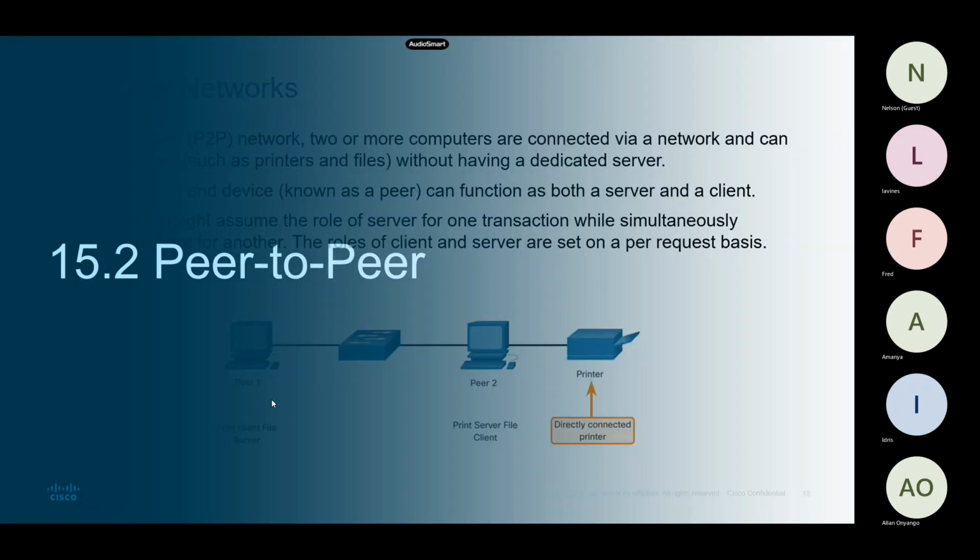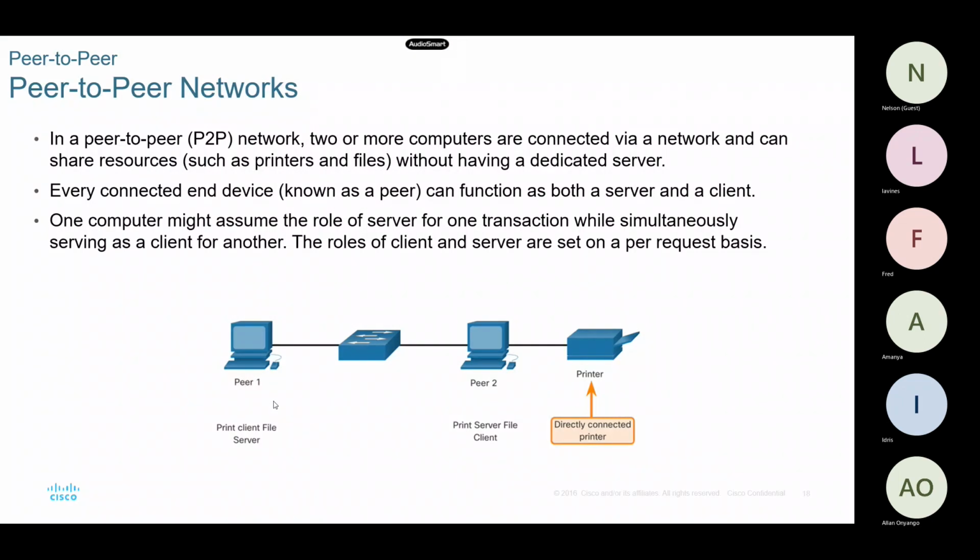Now, in terms of peer-to-peer communication, we have a PC1 connected to a switch, and PC2 is connected to a printer and is still connected to the switch. This is normally within the same local area network. So if in your department you have a PC2 connected to a printer, other PCs on the network can print on the same device, but they must always get permission through PC2.